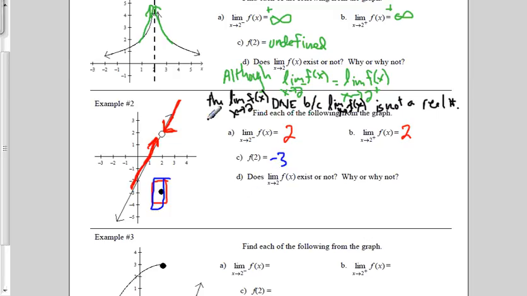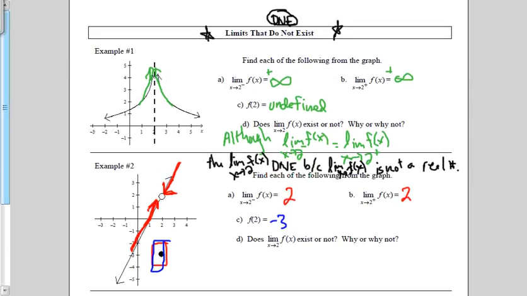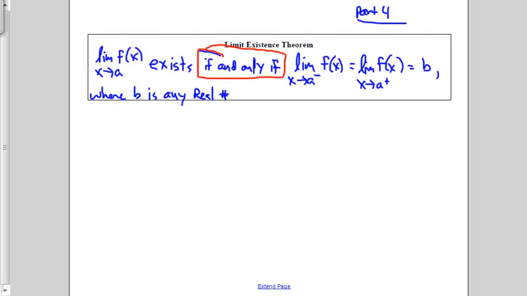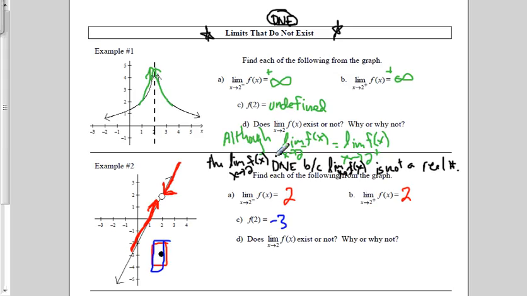Let's go back up to what needed to happen for the limit to exist. The limit exists if and only if the limit from the left equals the limit from the right and it's some real number. The limit from the left is 2, the limit from the right is 2, and 2 is a real number, so does it exist? It does exist, and let me write out why.